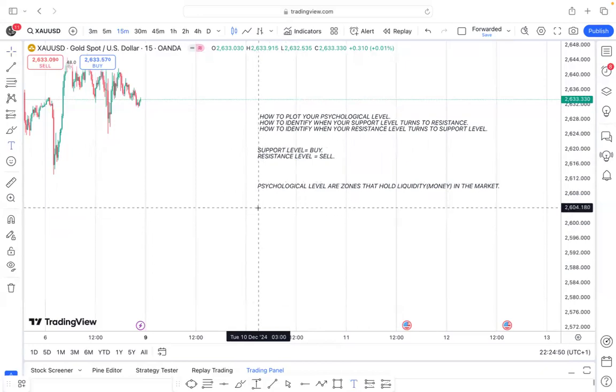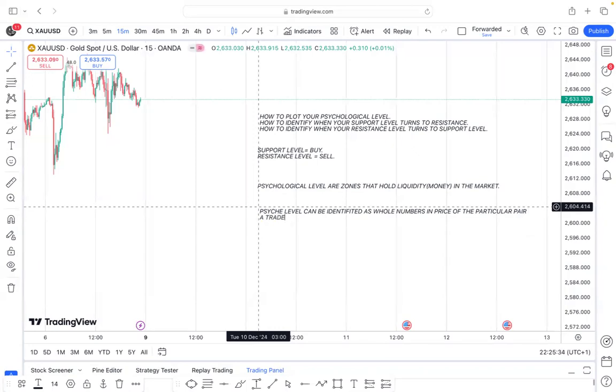Psychological levels can be identified as whole numbers in the price of the particular pair a trader is looking at or watching.